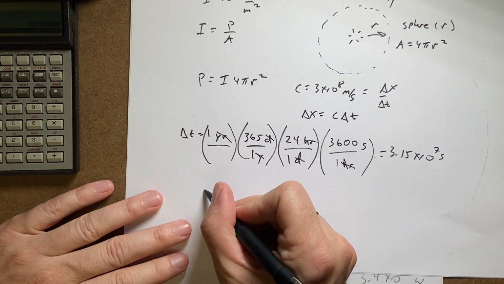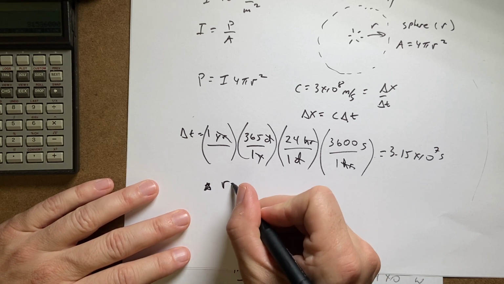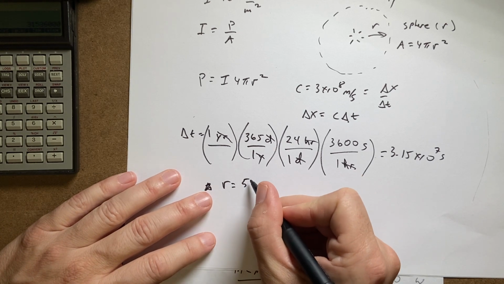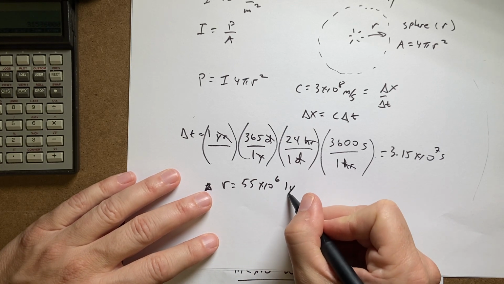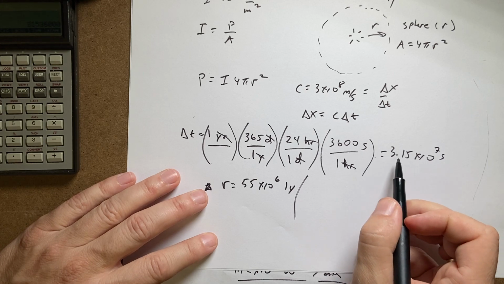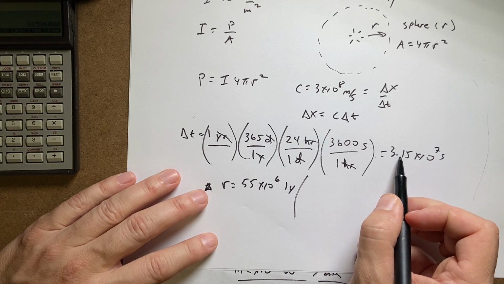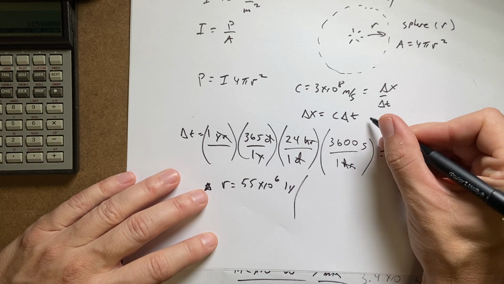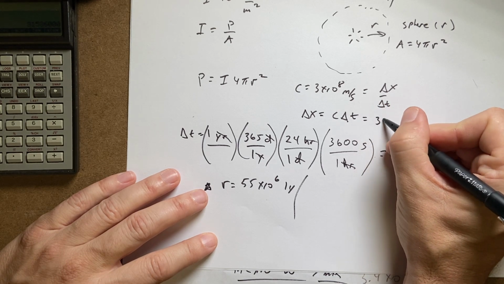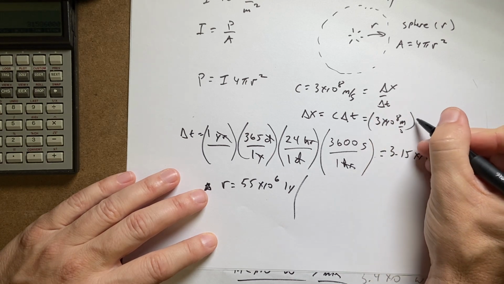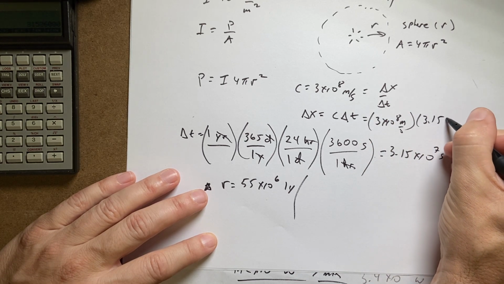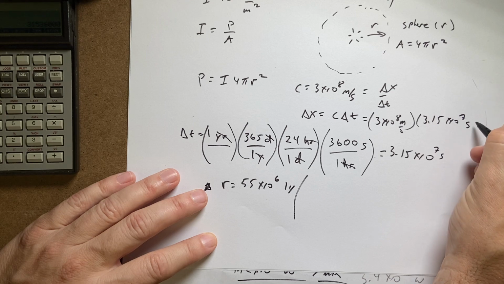So now I can say R is 55 times 10 to the 6th light years. And 1 light year is going to be 3 times 10 to the 8th meters per second times 3.15 times 10 to the 7th seconds.